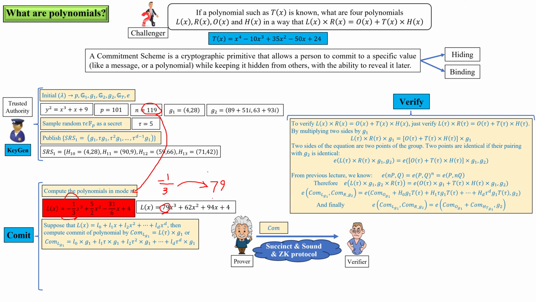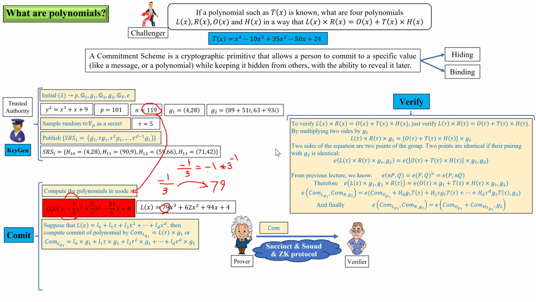You remember from our discussion in lecture 2, minus 1 over 3 equals minus 1 multiplied by the inverse of 3, right? What is the inverse of 3 in mod 119?